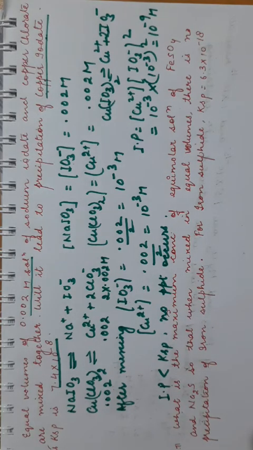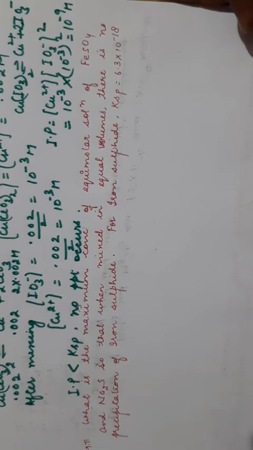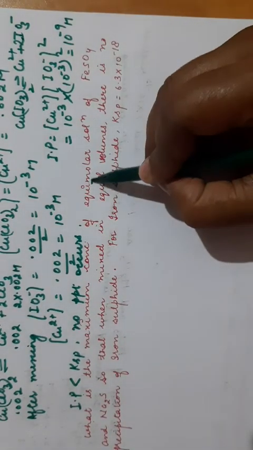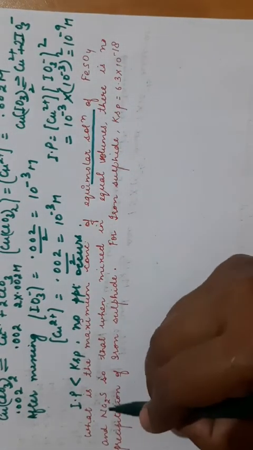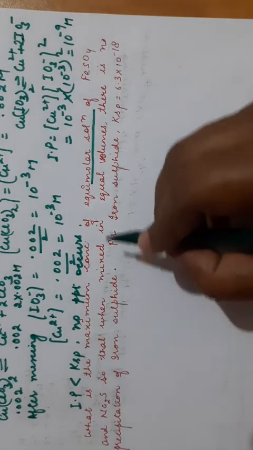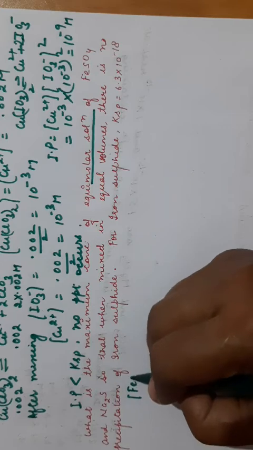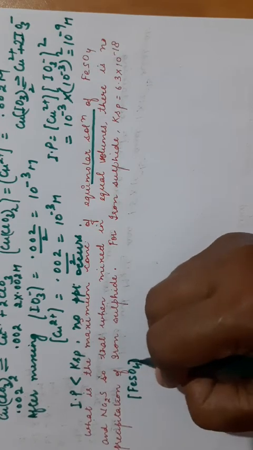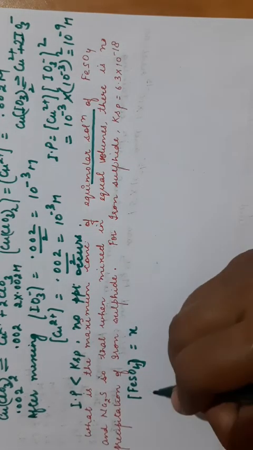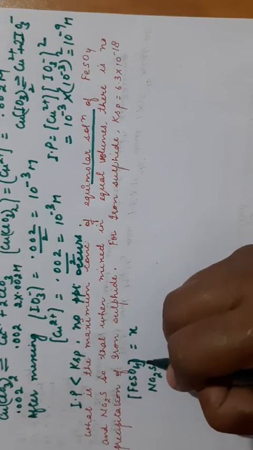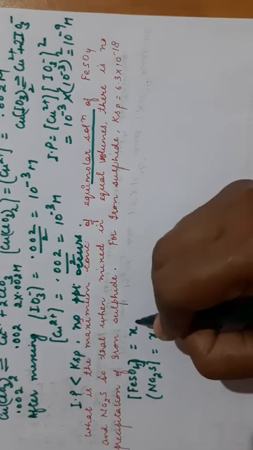Is it clear? Now the next question is, what is the maximum concentration of an equimolar solution of FeSO4 and Na2S? So for that equimolar concentration, suppose the concentration of FeSO4 is x and the concentration of Na2S is also x mole per liter.